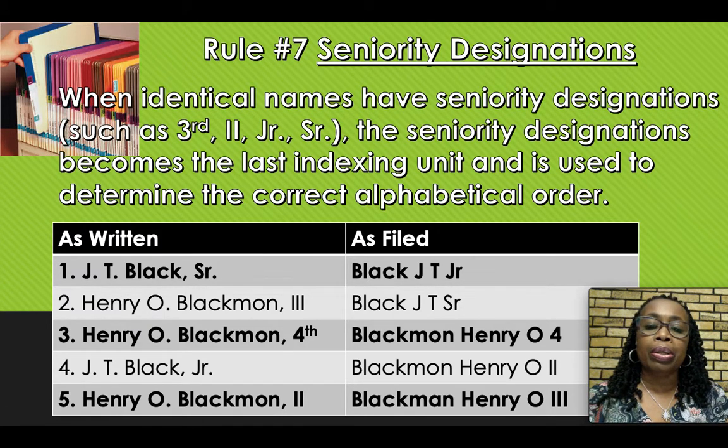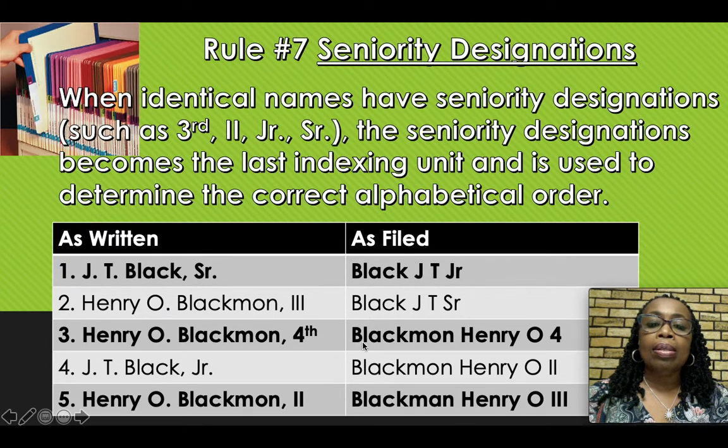Then we consider the 3 Blackmans. Now the rule says nothing comes before something, therefore Black was filed before Blackman. And we use the seniority designation, which are numbers, to compare and determine which names are filed first.